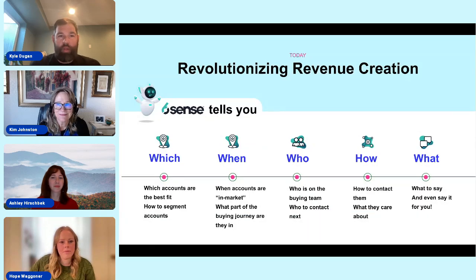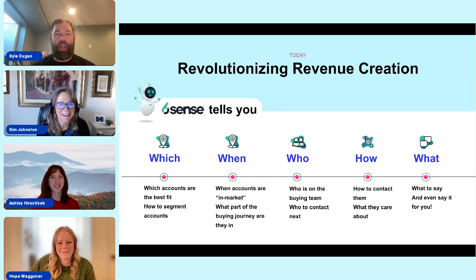So what 6Sense really tells you is which, when, who, how, and what. And that goes back to which accounts are the best fit to go after. When should these accounts be gone after? When they're in market, right?